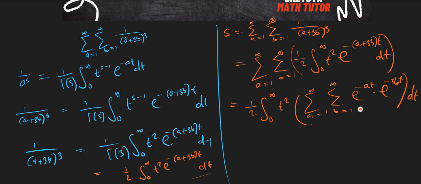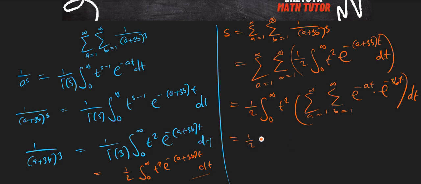Now notice something here: because we are summing over b, e to the negative at is a constant for this first summation, so we can factor it out and bring it into the other sum.